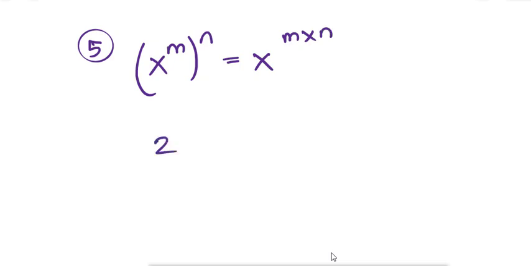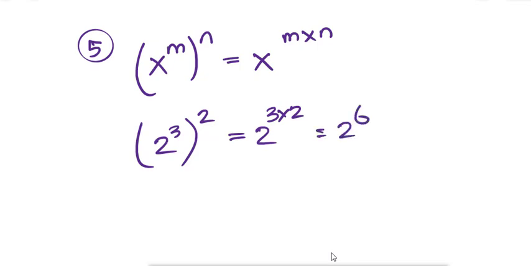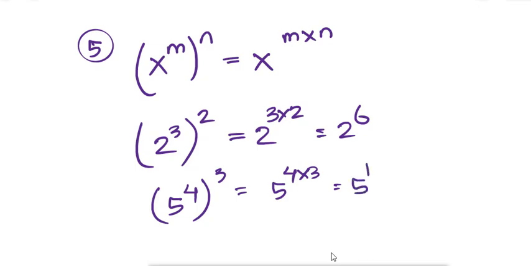That means if we write 2 cube to the power 2, it is simply 2 to the power 3 times 2, which is equal to 2 to the power 6, or 5 to the power 4 whole to the power 3 is basically 5 to the power 4 times 3, which is actually 5 to the power 12. So this is rule number 5.